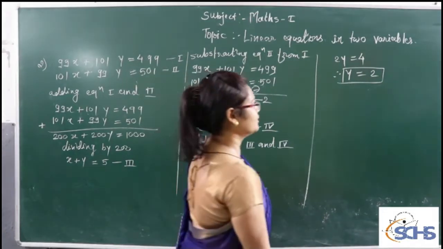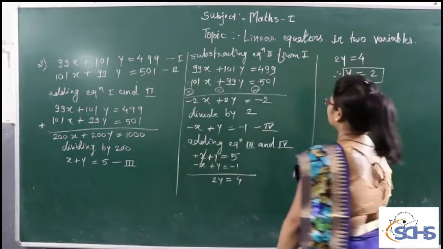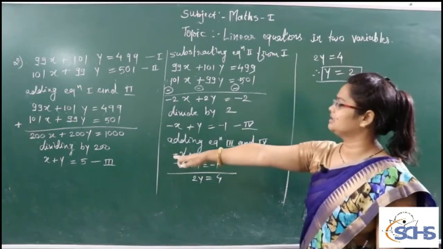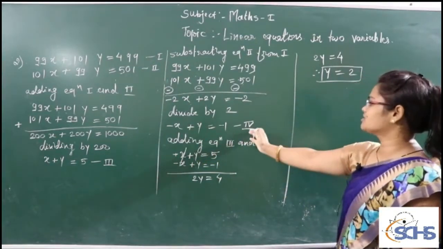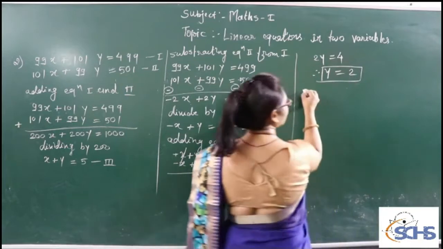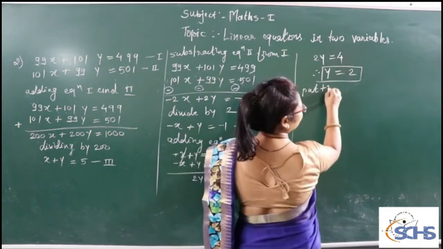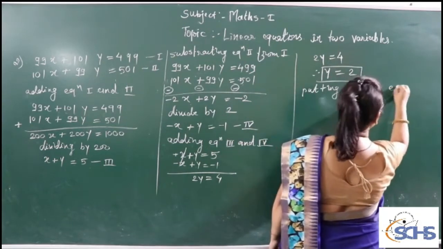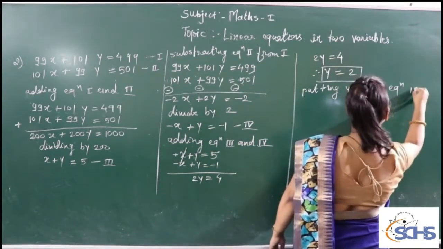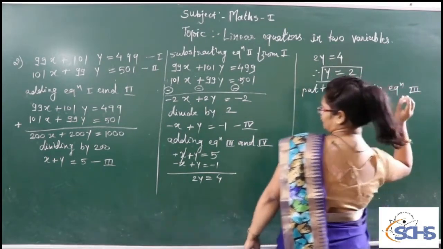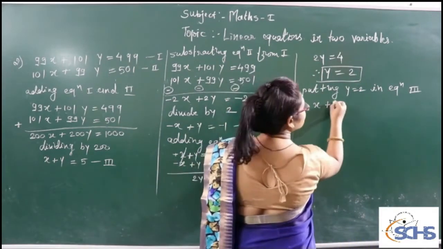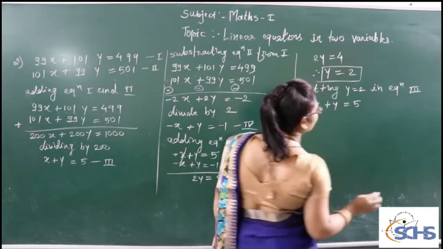Now we have to find out the value of x. To find the value of x, you can put the value of y in any of the equations, either equation number 3 or equation number 4. Putting y is equals to 2 in equation number 3 will be easy, that's why I am putting this value in equation number 3. x plus y is equals to 5.